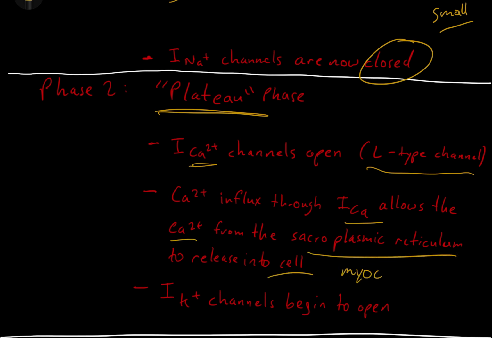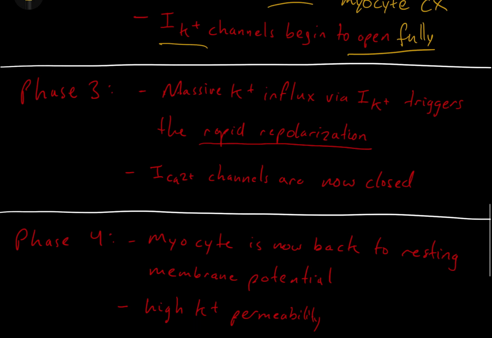And this is where you get the myocyte contraction. So CX is just an abbreviation for contraction. And then remember that your IK cells in this portion actually begin to open fully. So I should probably put fully here. Open fully. And then phase 3, you get a massive potassium influx, and this is the rapid repolarization.